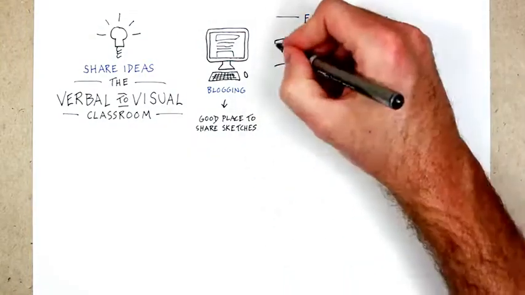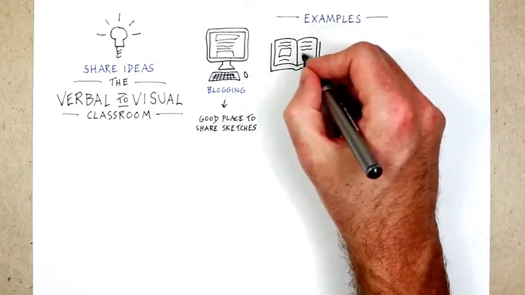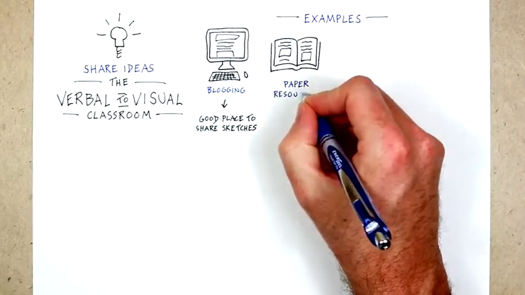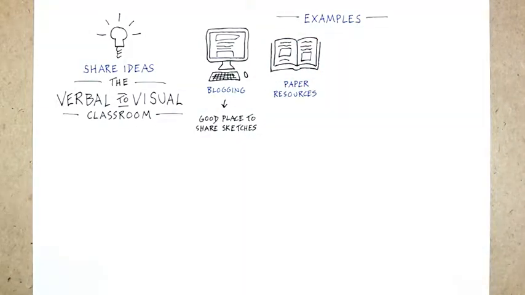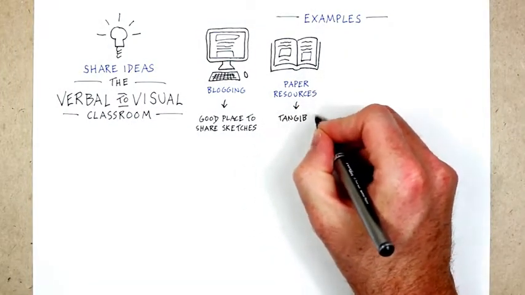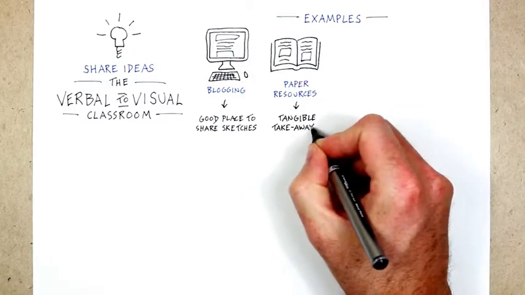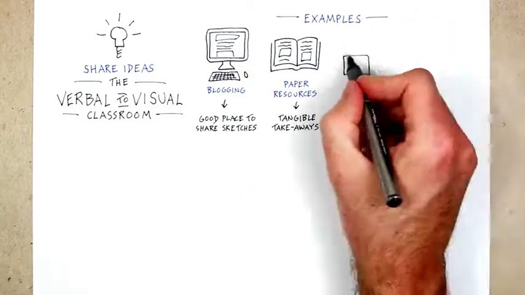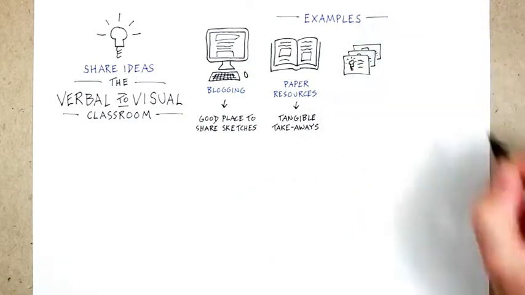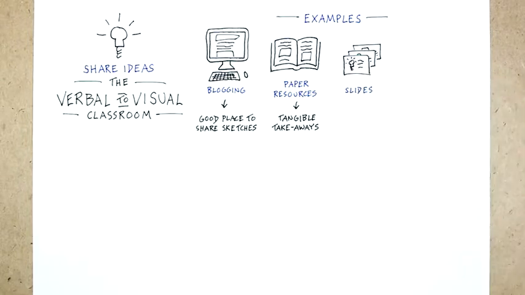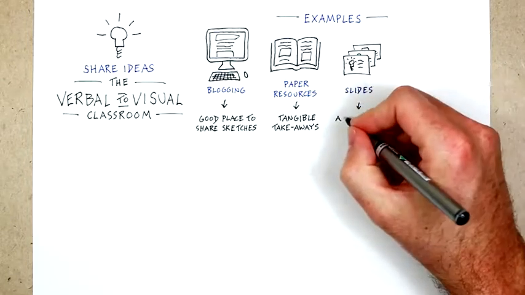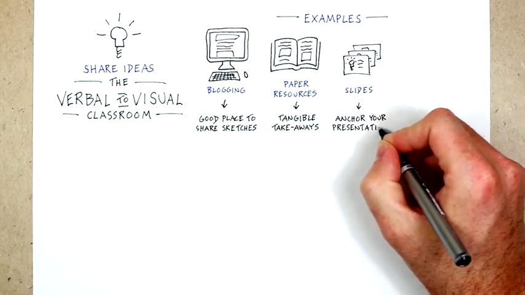Visuals make a great addition to physical materials as well. Something as small as a one-page handout all the way up to a full-fledged book would benefit from visual representations of the important ideas. Visuals make great anchors for presentations too. Text-heavy slides are out, and simple, clean visual slides are in.